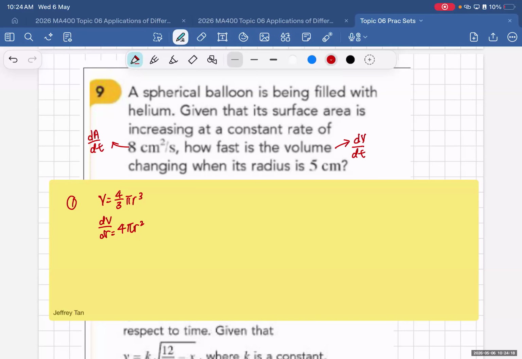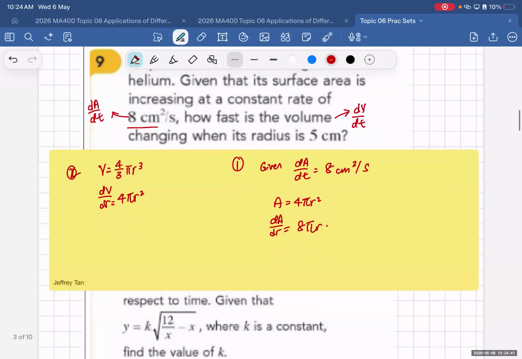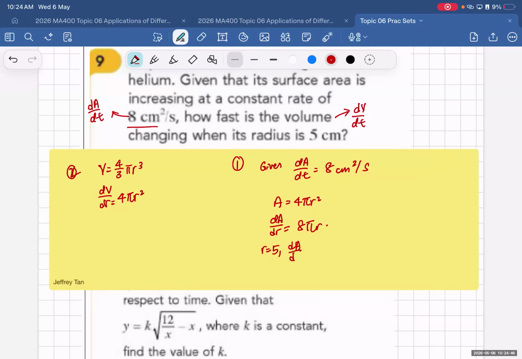Backtrack. From here, given number 1, this is number 2, given dA/dt, which is A. Okay, A is 4 pi r squared, since we are talking about a sphere. dA/dr is 8 pi r. Is that okay? If you sub r to be 5, then dA/dr is equal to 40 pi.